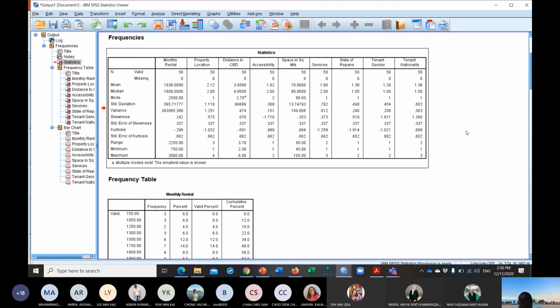Now, why do we check whether the distribution is normal or non-normal? We check this so that whenever we want to do analysis in SPSS, we will know whether we are to do a parametric test or a non-parametric test. A parametric test is for normally distributed data. A non-parametric test is for non-normally distributed data. So this is why it is good to check for normal distribution when you do descriptive statistics.